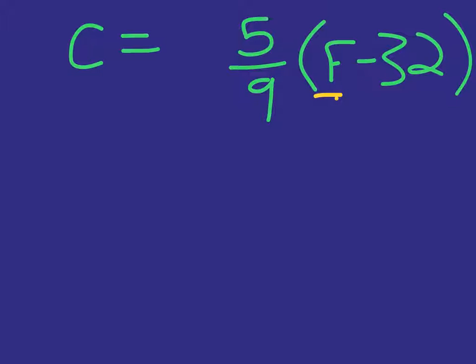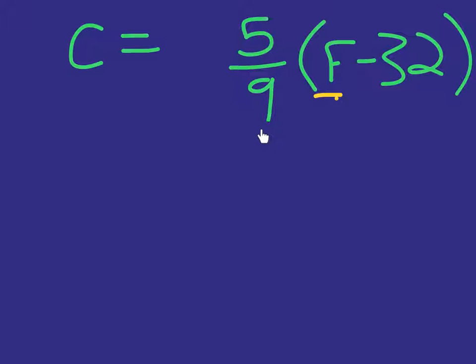And the first thing that we need to do is get rid of this 5/9 that's being multiplied to the whole quantity f minus 32. So we need to get rid of that. And since this 5/9 is being multiplied to the f minus 32, we need to do the inverse operation of multiplication, which in this case is division.